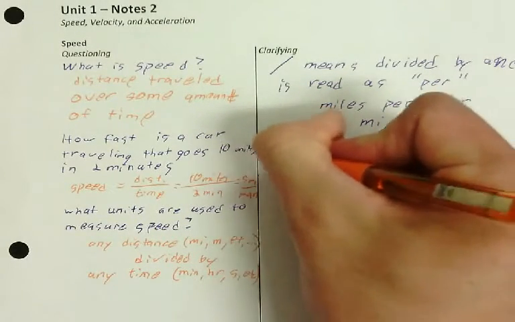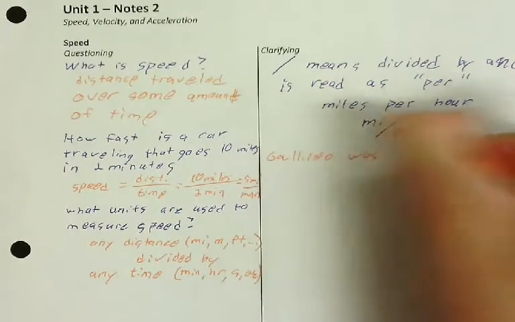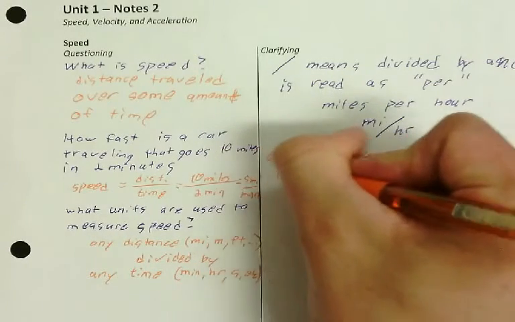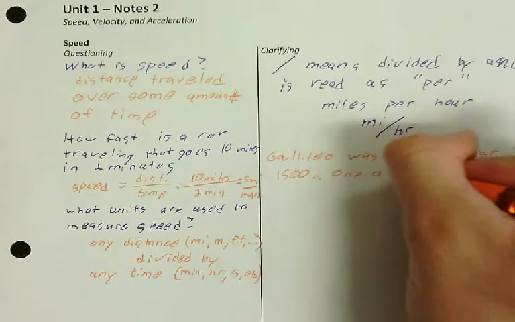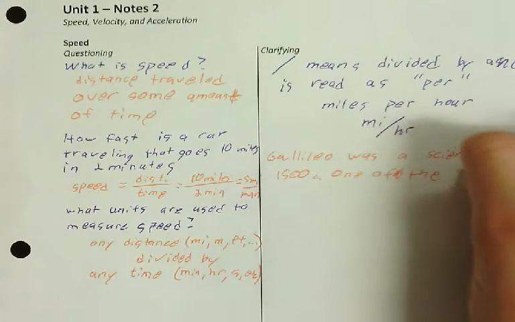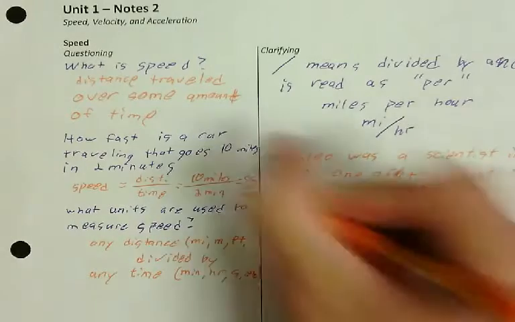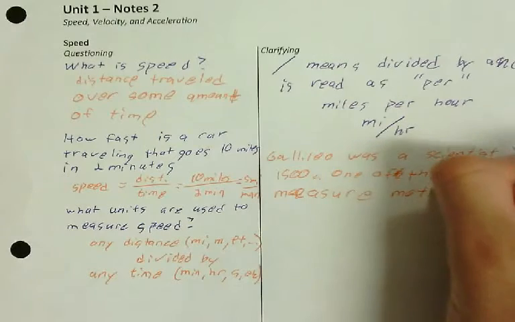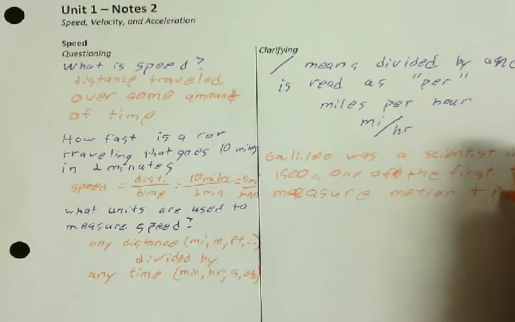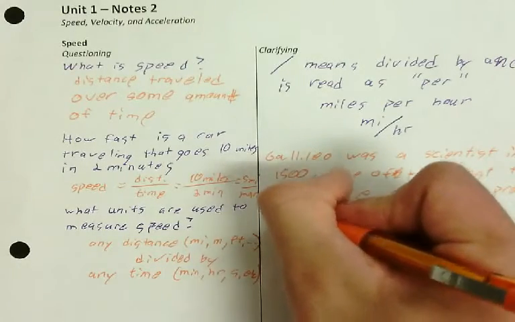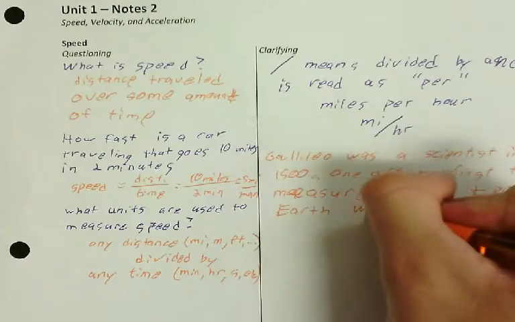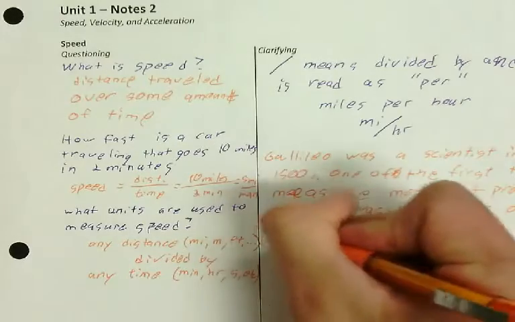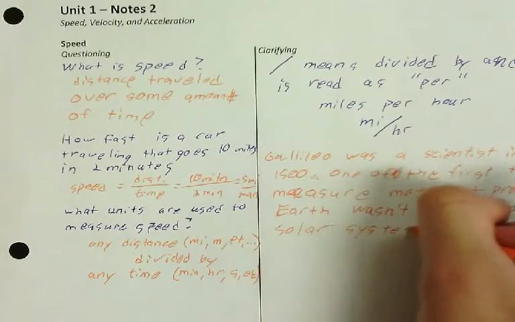And Galileo was a scientist in the 1500s, one of the first to measure motion and prove Earth wasn't the center of the universe or solar system. There you go.